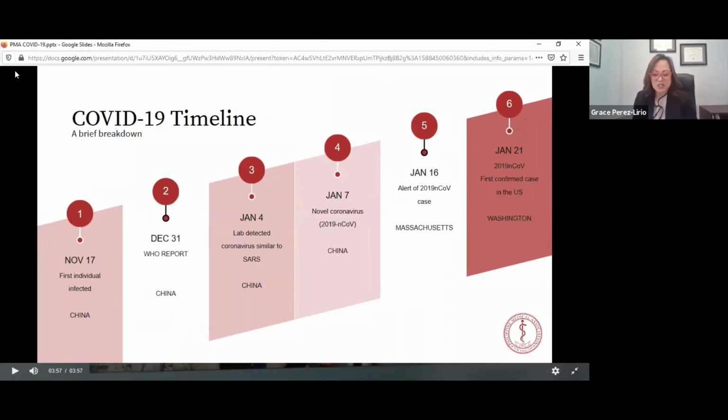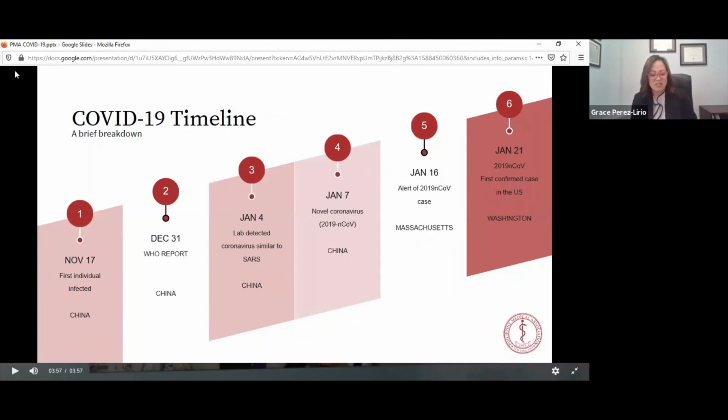It was hard not to include many other significant events that led to where we are right now, but I picked these dates that I think are important to give us a sense of a good timeline. I based this off the World Health Organization, CDC, and mass.gov. So November 17 was the first possible case of an individual with an unusual kind of flu-like illness in Wuhan, China.